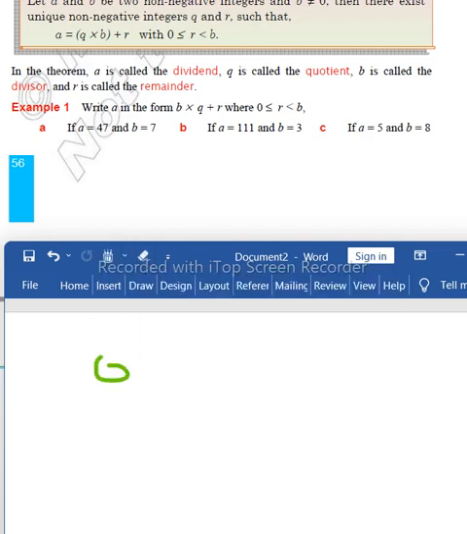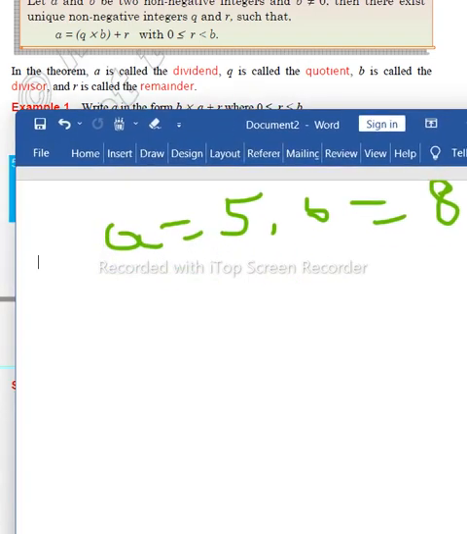A is equal to 5, B is equal to 8. To write in the form of B times Q plus R, we have to first divide 5 by 8.